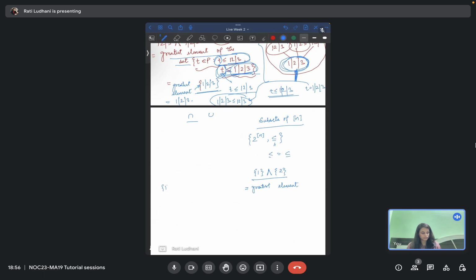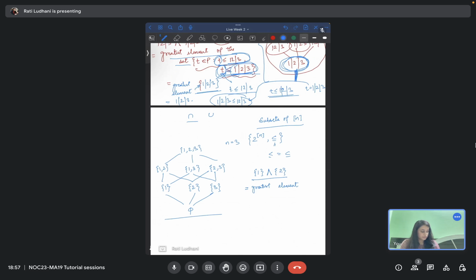So basically, if you want to form the diagram, this is the empty set, here you have 1 2, you have 1 3, you have 2 3, you have 1 2 3. So if you take n to be 3, then you have this as the Hasse diagram, right?